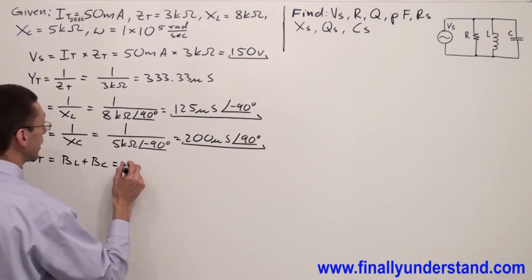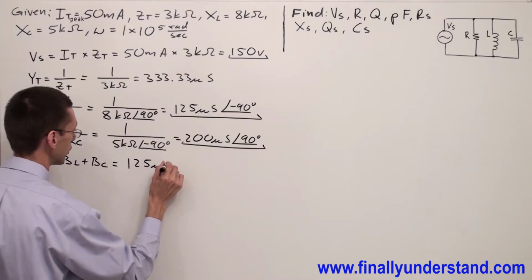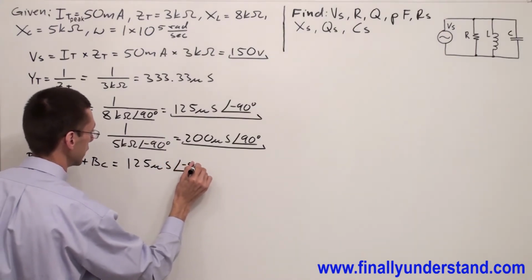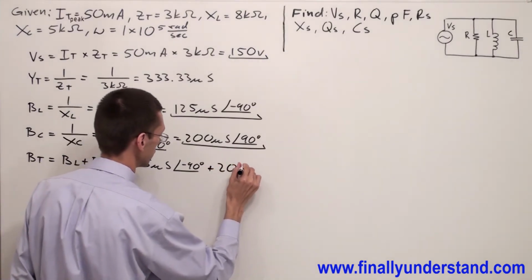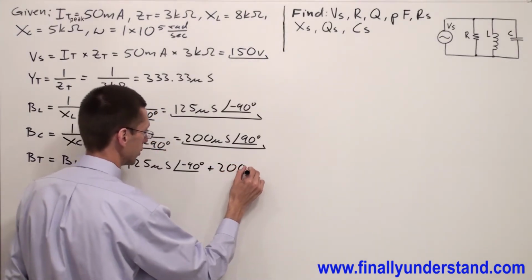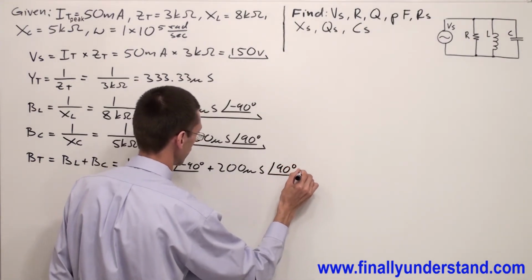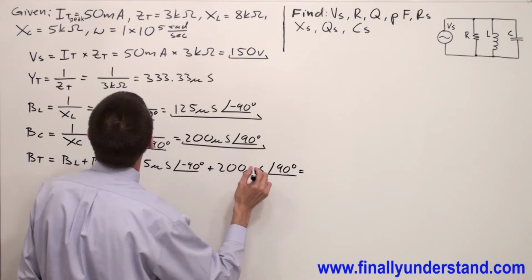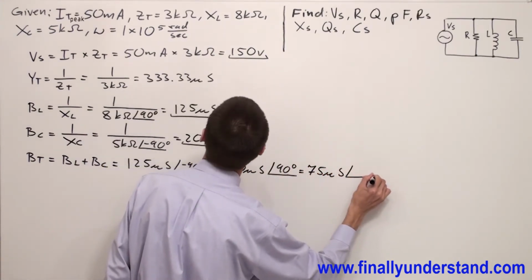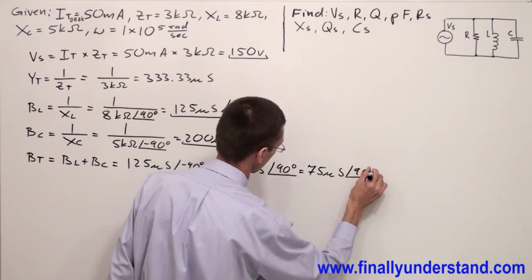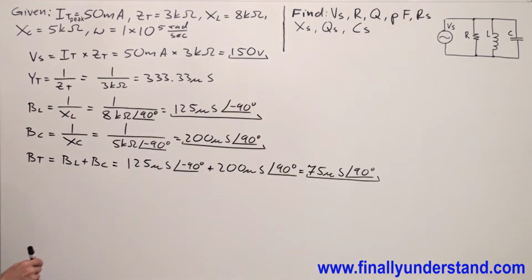So I have BL, 125 microsiemens and angle of negative 90 degrees, plus BC, 200 microsiemens and angle of 90 degrees. This is equal to 75 microsiemens and angle of 90 degrees. Okay, so this is my total susceptance.